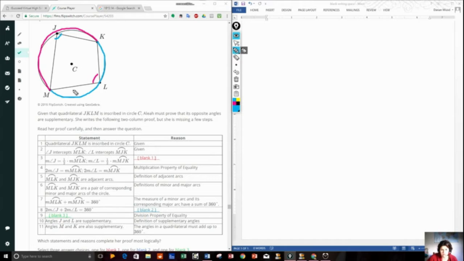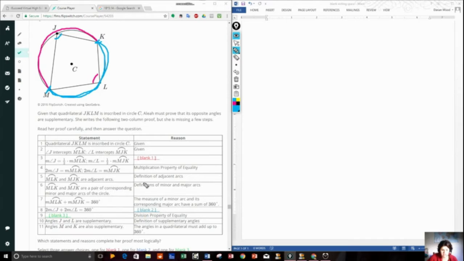Let's see, arc MLK and MJK are adjacent arcs. Yes, because they're right next to each other. That's the definition of adjacent arcs. And then the measure of the arc MLK and MJK are a pair of corresponding minor and major arcs.